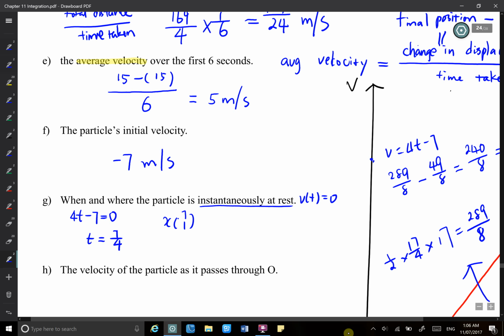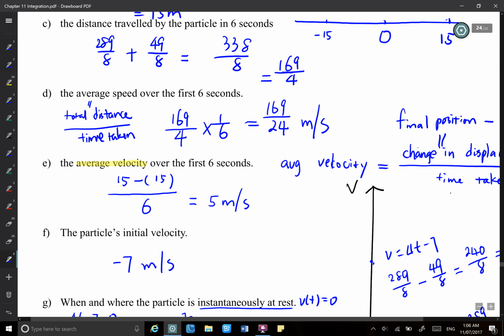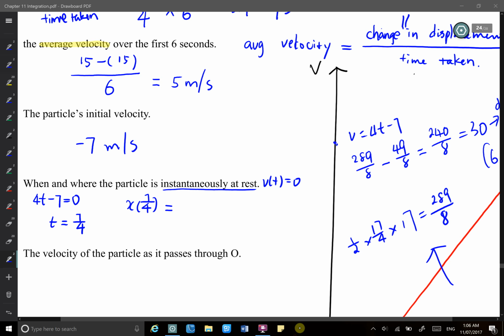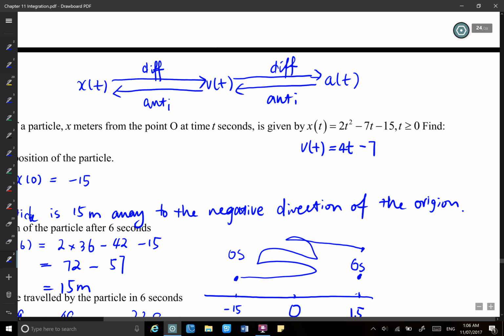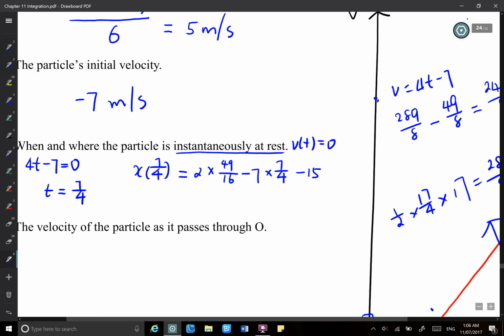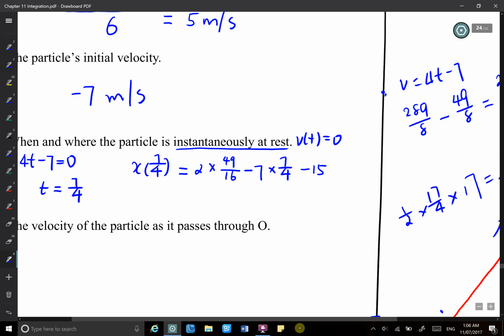Okay, x(7/4) equals 2t squared minus 7 times t minus 15. That is 49 over 8 minus 49 over 4 minus 15.